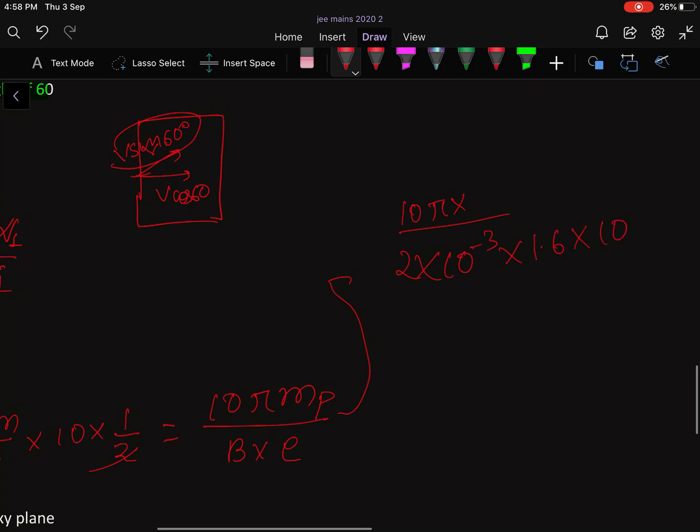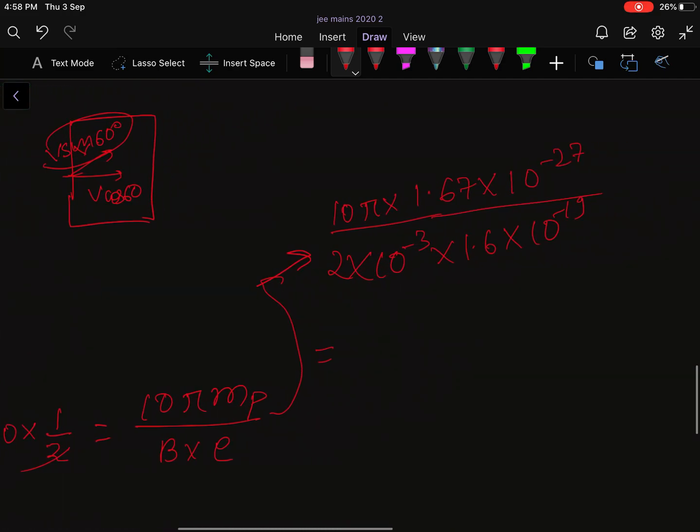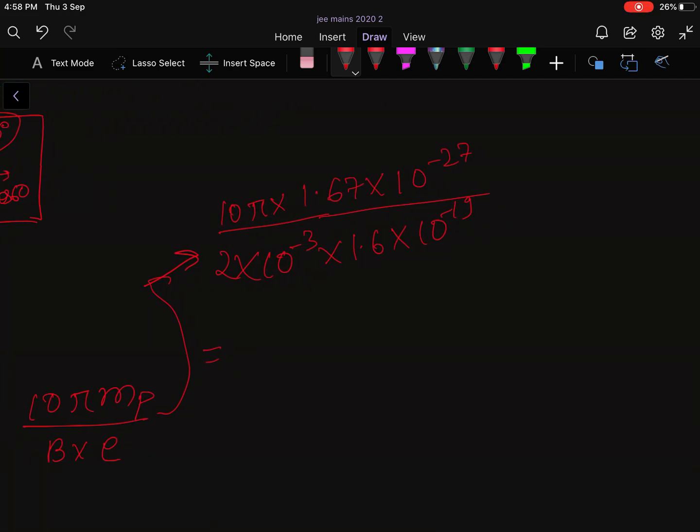You know the charge, 1.6 into 10 to the power minus 19. You know the mass of the proton, 1.67 into 10 to the power minus 27 kg. So everything is in SI units. Now calculate it, and you will get the pitch of the path in meters.